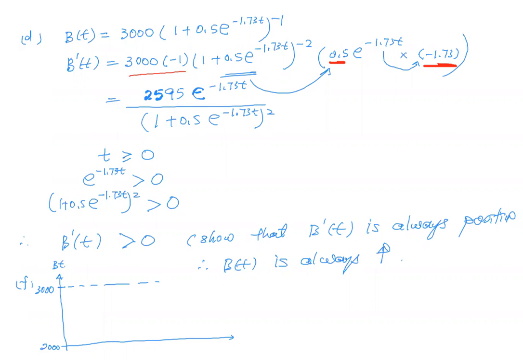Okay, can someone tell me what is the inflection point? T equals ln A over B. B is 1.73. Can someone give me the value of this?